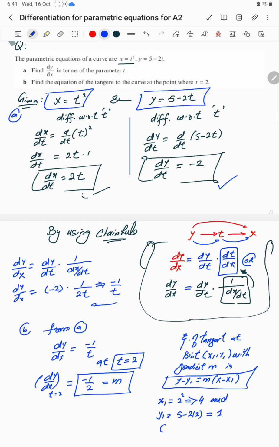So the point x1, y1 for the tangent line will be (4, 1), and the gradient we have already calculated. So by using this in the rule, I can highlight the rule.